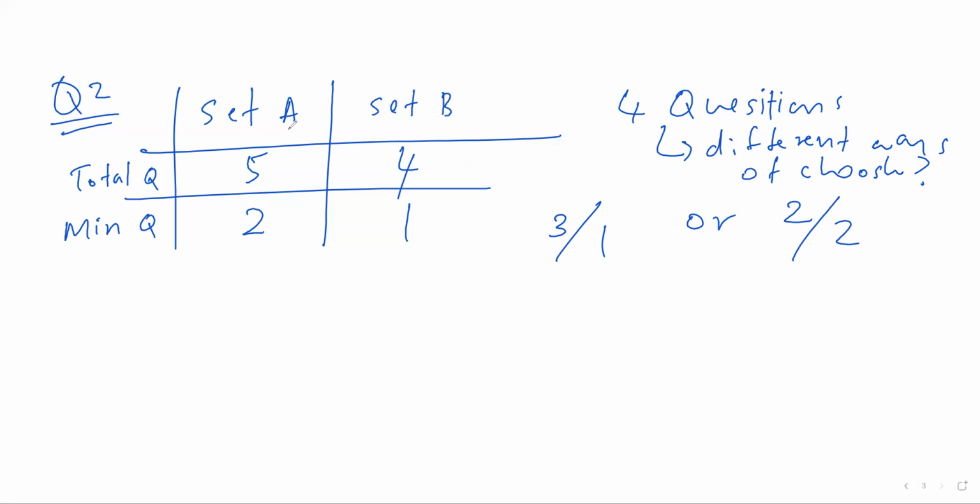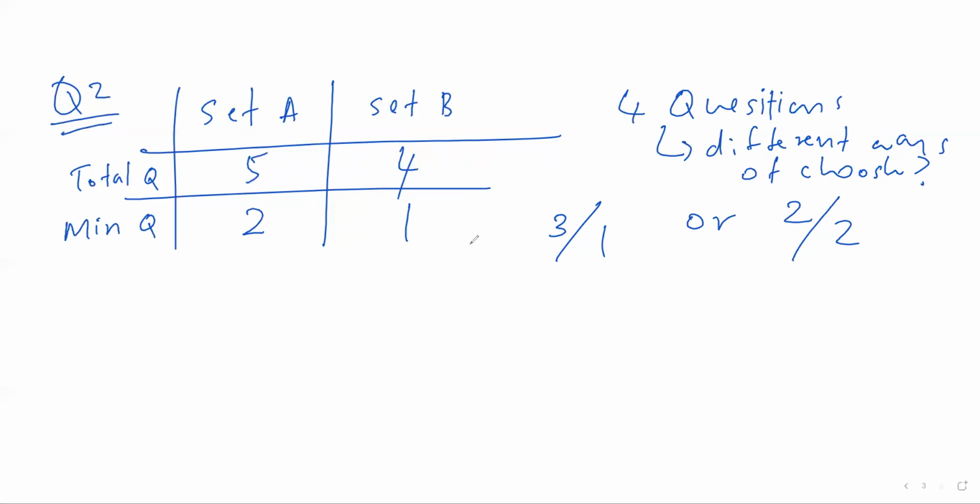Okay, 3 from set A and 1 from set B, or 2 from set A and 2 from set B. That's how you can fulfill the requirement of doing at least 1 question from each of the sets, all right? But in set A's case, it's 2.